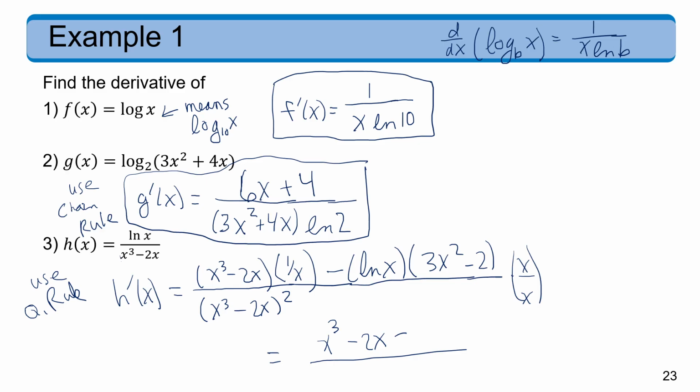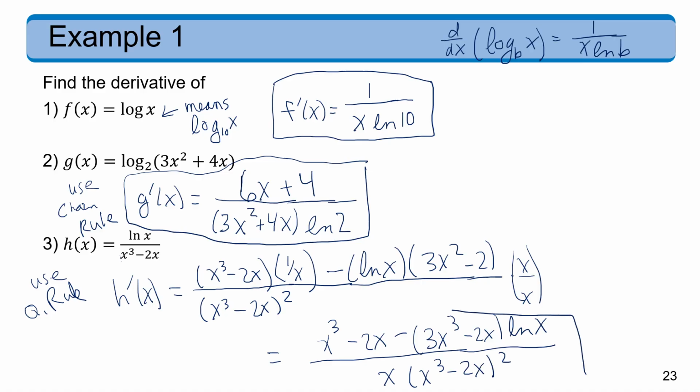You could distribute this x over this parentheses, so 3x cubed minus 2x times the natural log. And in the denominator, we're also multiplying by x, so just put in that extra factor, x times what was already there. I think that's a pretty good simplification, so we'll call that our h prime.